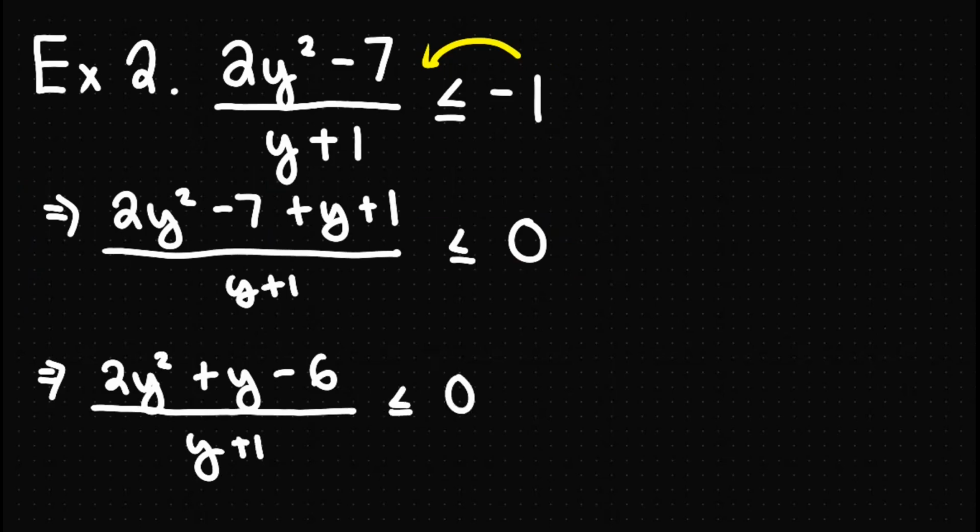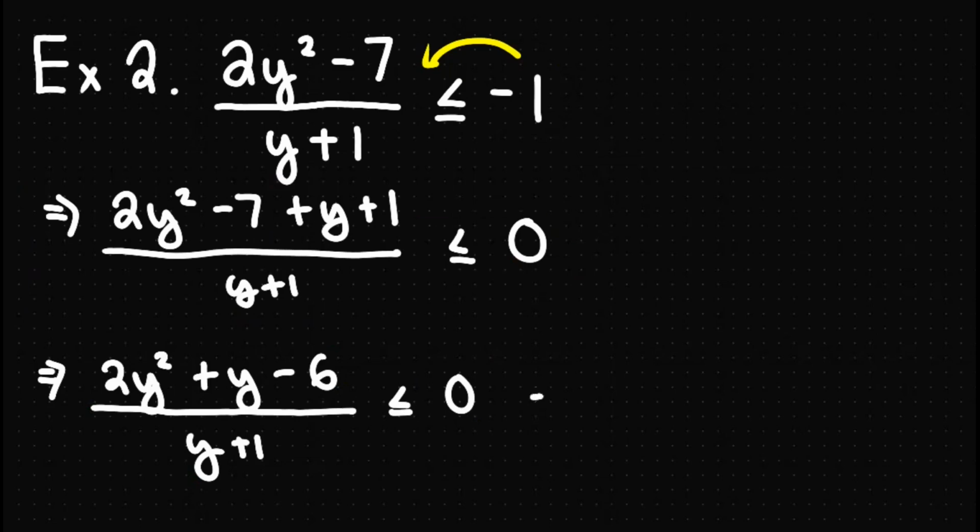And observe here that on the right side, we are already done, since 0 is what we want essentially on the right side. But for the left side, it's still not easy to find the critical points since our numerator is still of degree 2. So we still need to factor that one out.